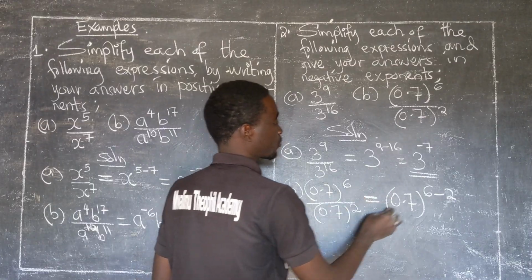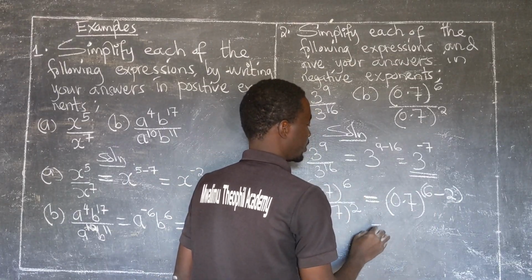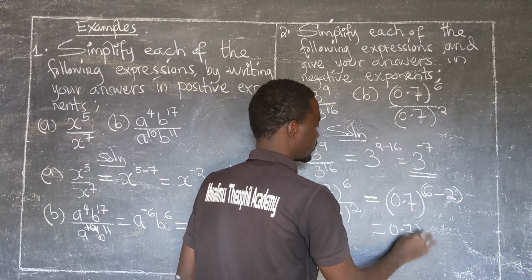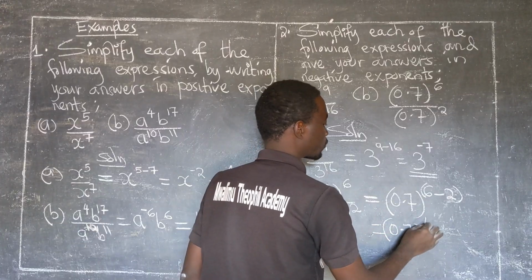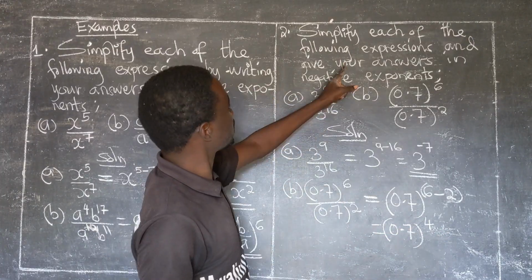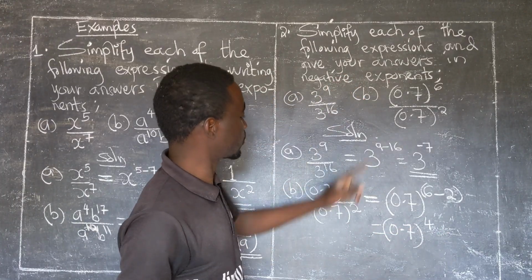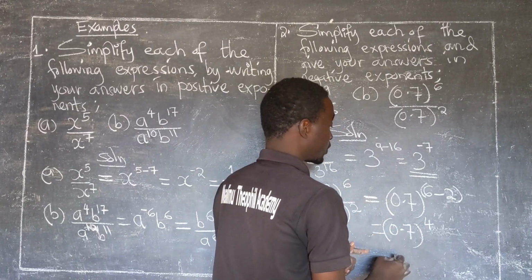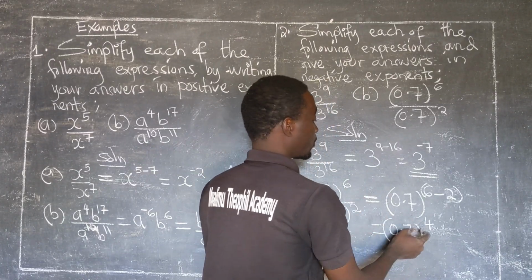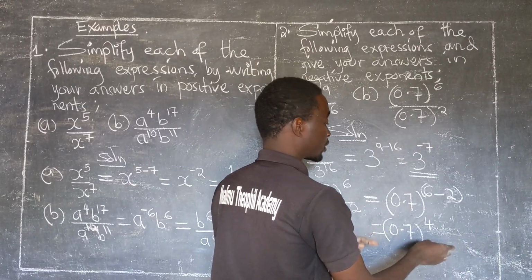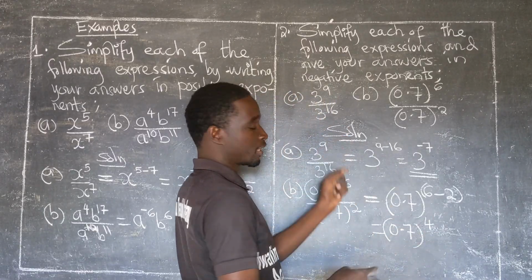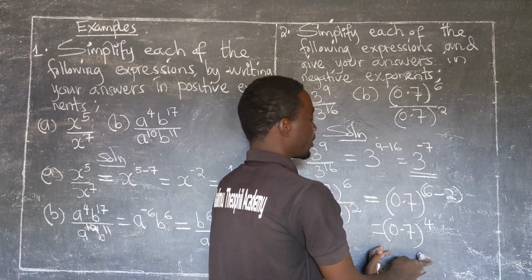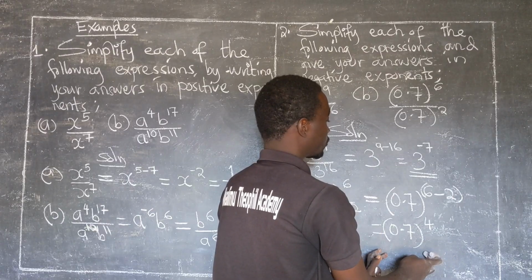This one is 6 minus 2, where we get 0.7 raised to 4. But the instruction is to express your answer in negative exponent, and here we have positive exponent as usual. To change positive exponents to negative exponent, we just reciprocate the present number in exponential form.